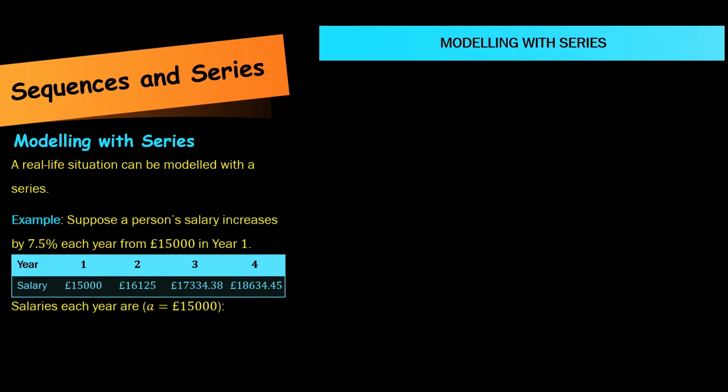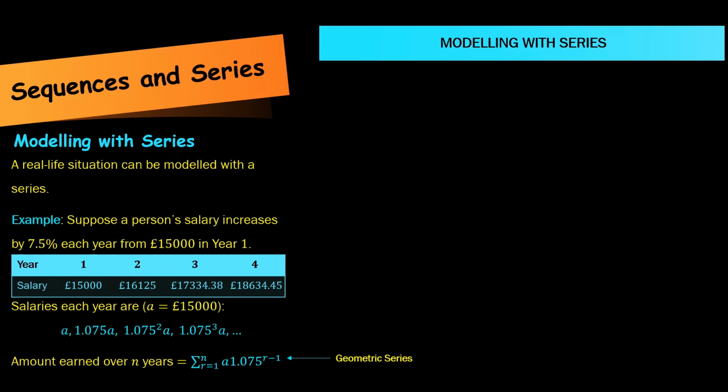So the salaries each year are A, where A is equal to £15,000, then 1.075 times A, then 1.075 squared times A, then 1.075 cubed times A, and so on. Notice that this is a geometric sequence. The amount earned over n years is equal to the sum of the first n values.